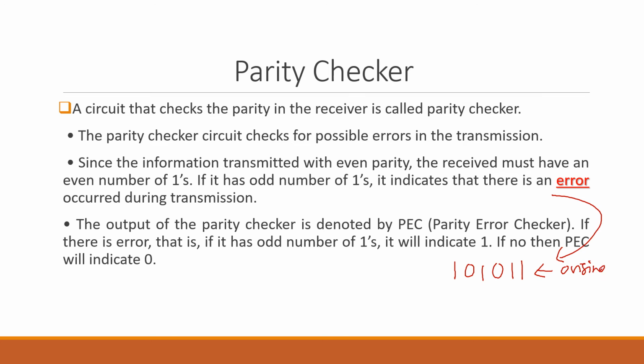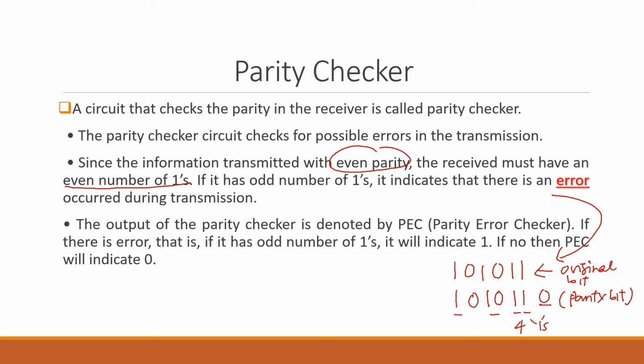We want to check using the even parity. For even parity, we know it must have an even number of 1s. So by adding 0 to the original bits as the parity bit, the total number of 1s is still even: 1, 2, 3, 4, four ones.